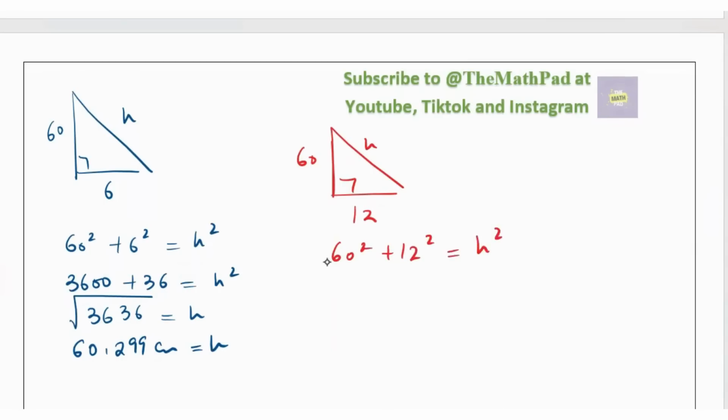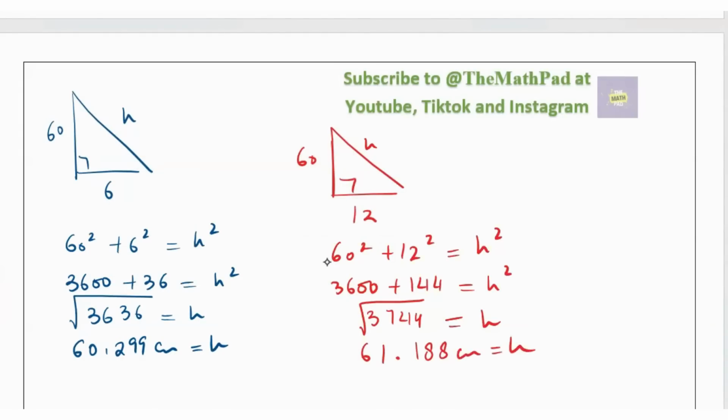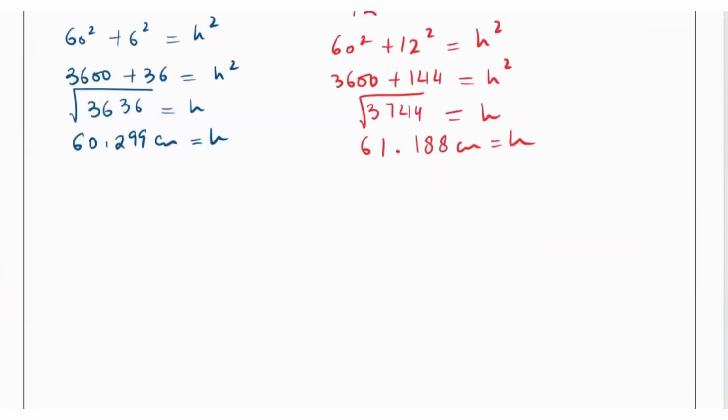So that's going to be 3600 plus 144 equals h squared. So 3600 plus 144 is 3744. Square root that to find the value of h. That's 61.188 centimeters.